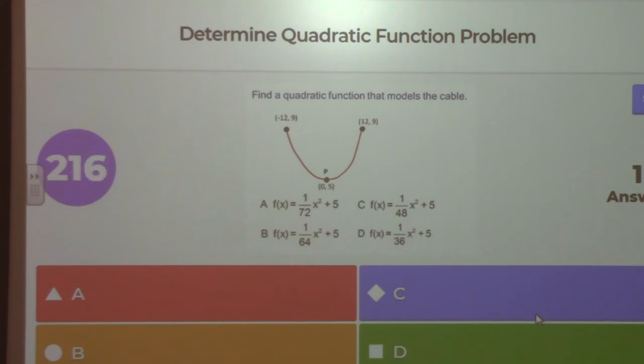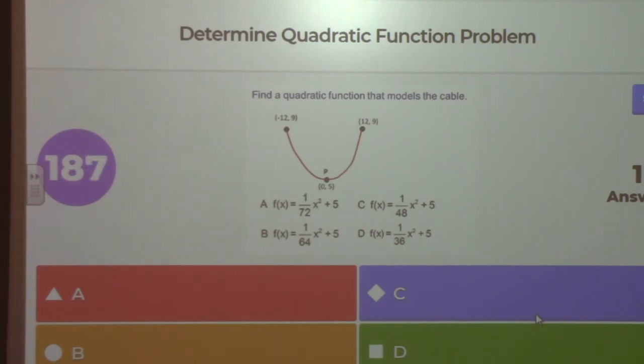What'll make me really mad is if you get it correct. I can't read the points. So, Mr. G, can you tell me the points on it? Yeah, the points here, I'll have you do that.